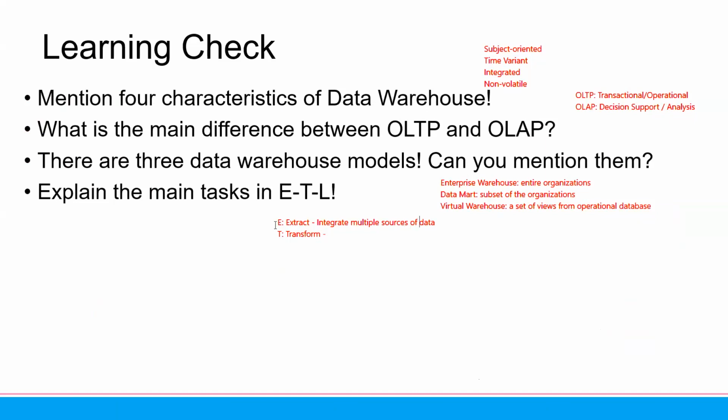You can also do data cleaning here. And then transform. So it means you need to consolidate. Sometimes the data are not consistent. You need to make the consistency. And you need to load. When you load, it means you need to sort the data, or you need to make the summary of the data, okay? Or you need to do the indexing of the data, and so on.